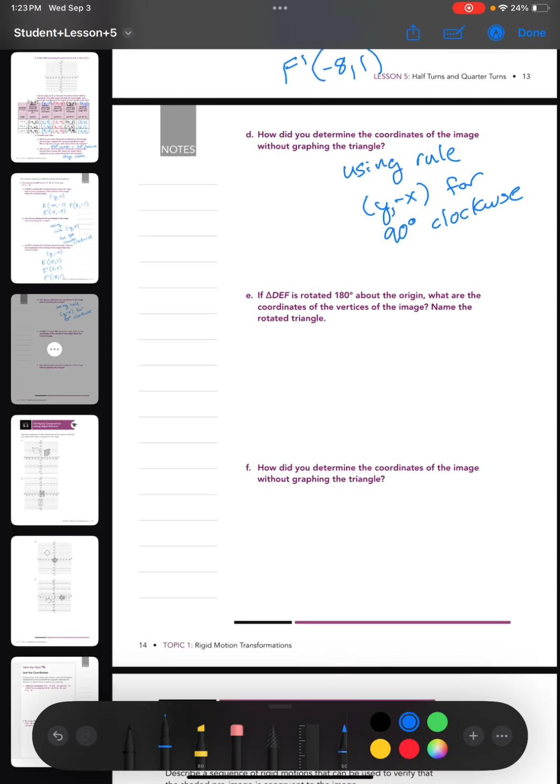All right, if DEF is rotated 180 degrees about the origin, what are the coordinates of the vertices? So 180 degrees, remember, it doesn't matter which direction we go, counterclockwise or clockwise, it's the same rule, negative x, negative y. So if we follow that rule, our new D, and hopefully you're catching on to just using our rules to find our points, our new E, 5, negative 5, and our new F would be at 1, 8.